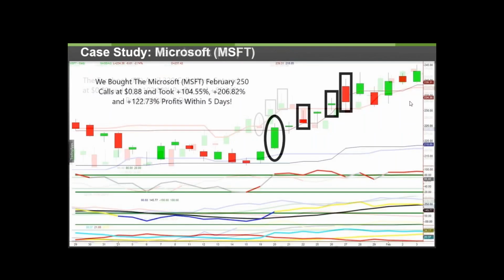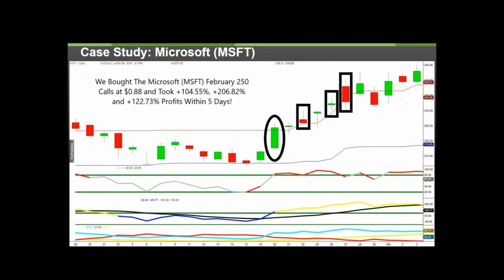So the point being that, look at Microsoft. These are big names, right? You don't have to trade some kind of small cap, never heard of it, or just starting to hear about its stock. You can do this on the big FANG stocks and the big names out there in the marketplace, as long as you catch them in their right speed of movement phase. Mr. Softy, as we call it, broke out here.